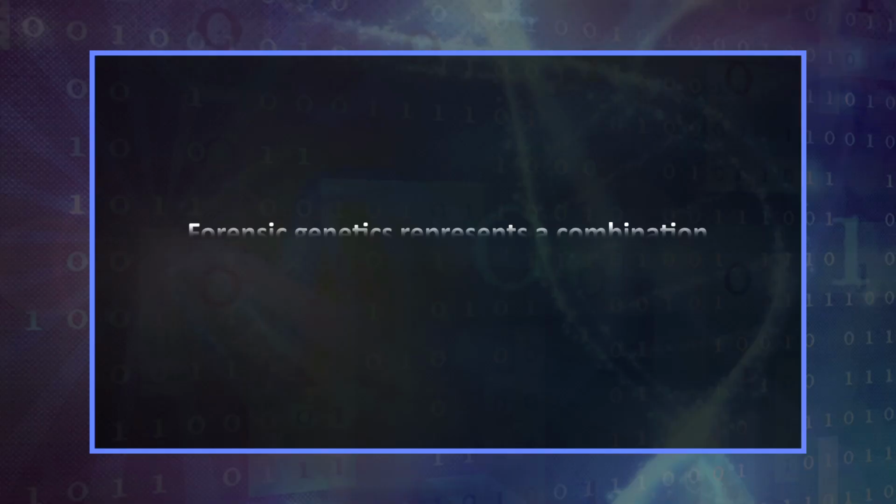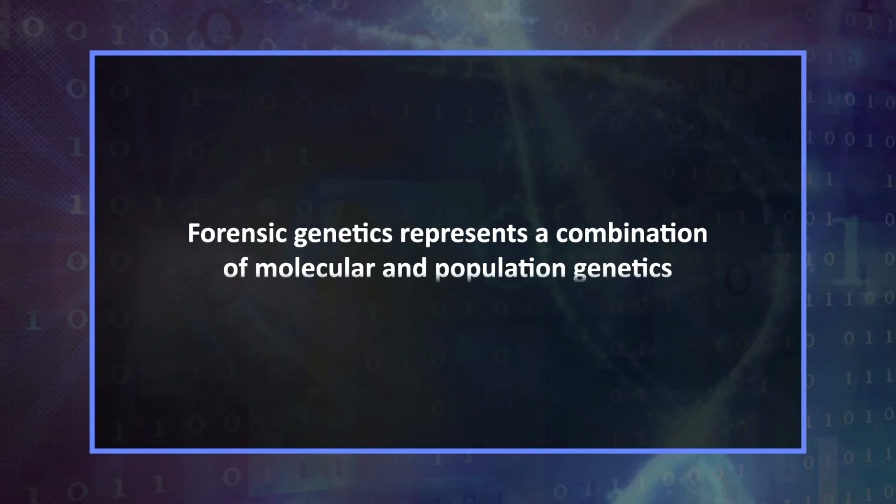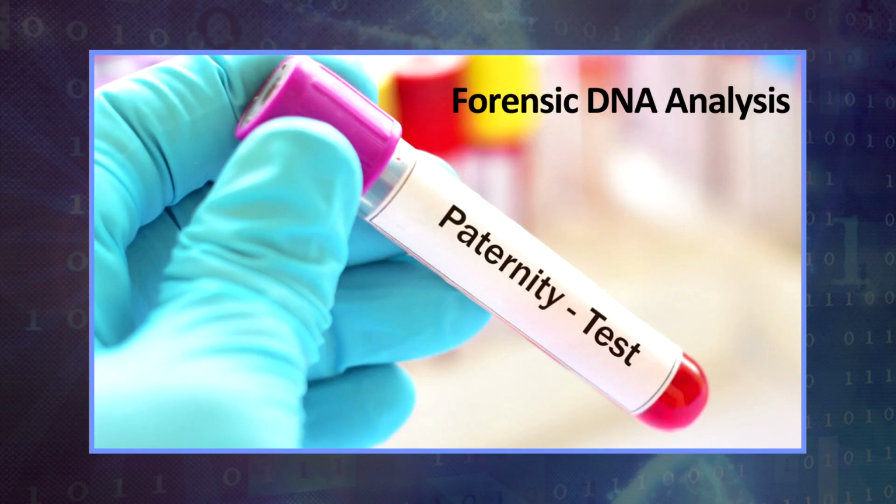As we would anticipate, thousands of interesting new questions are arising, and the tools to answer many of them are now at our fingertips. Forensic genetics represents a combination of molecular and population genetics. Personal identification and kinship analysis, like paternity testing, are the two main subjects of forensic DNA analysis.